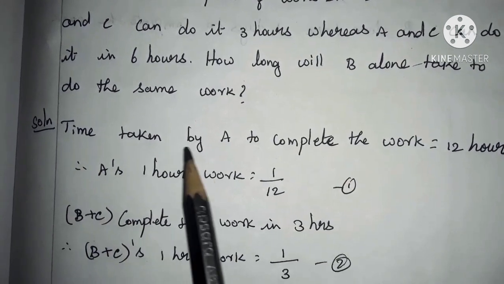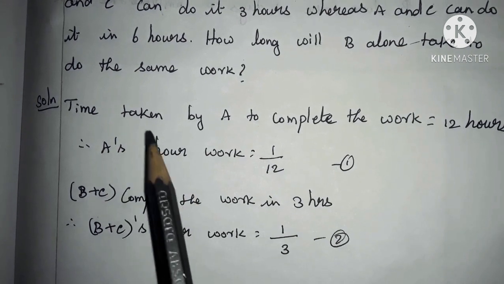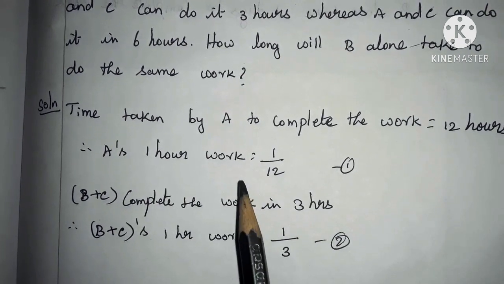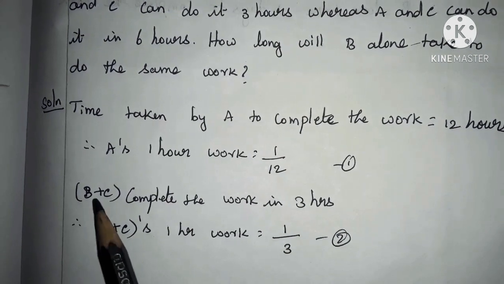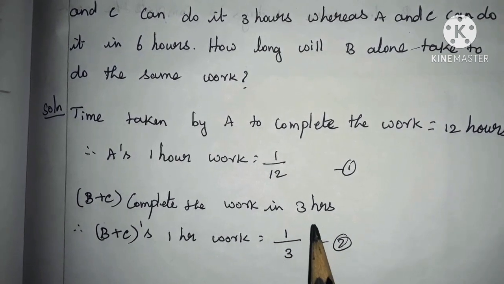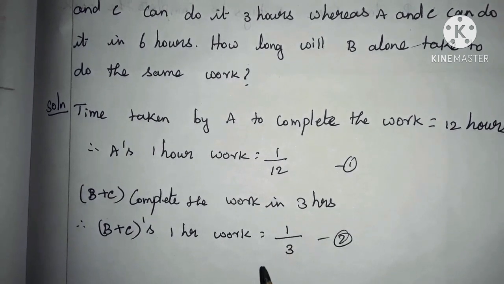First, time taken by A to complete the work is equal to 12 hours. Then A's 1 hour work is equal to 1 by 12. The second given is B and C can do it. That is, B plus C complete the work in 3 hours. Then B plus C's 1 hour work is equal to 1 by 3.